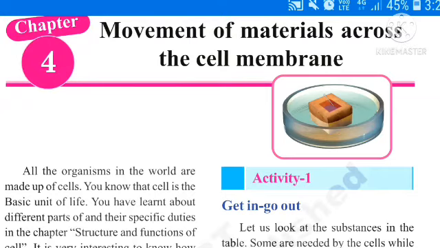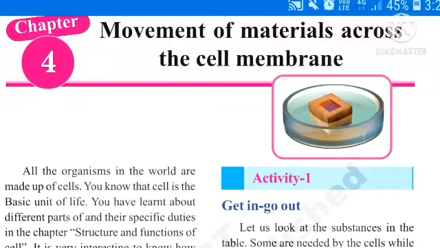Cell continuity means at places the plasma membranes of adjacent cells become continuous to form plasmodesmata and cell junctions. Next one, specialization. Here the plasma membrane gets modified to perform different functions. Example, absorption in microvilli. See, microvilli are present in the small intestine, which helps in absorption of nutrients.